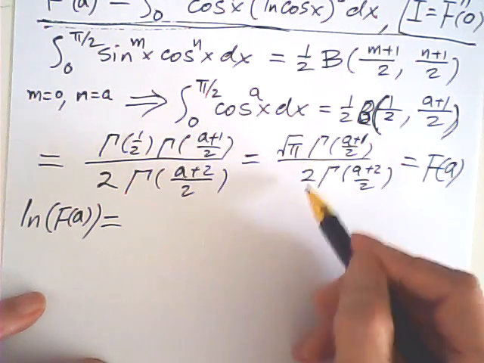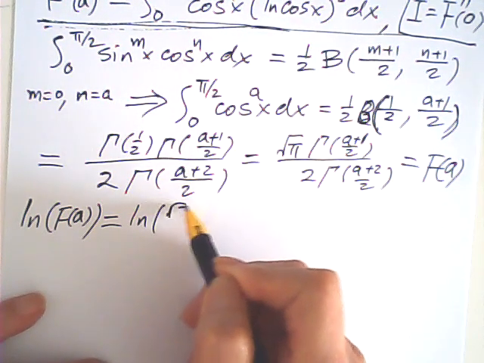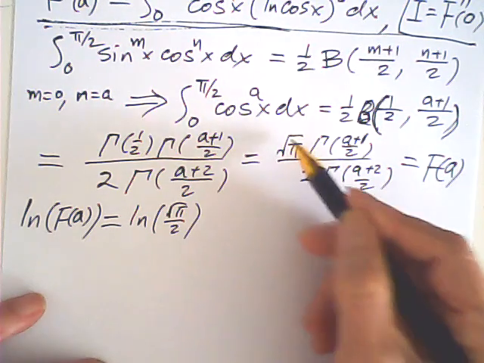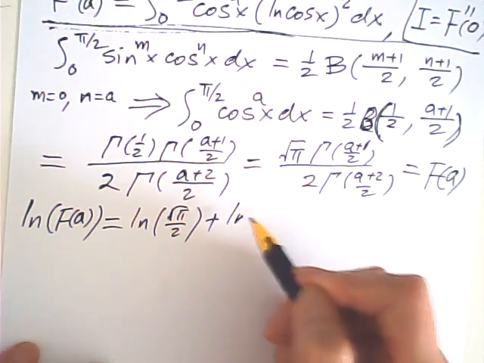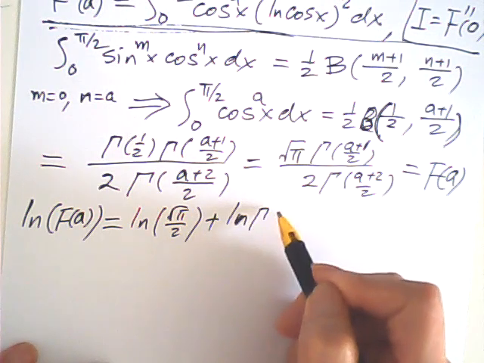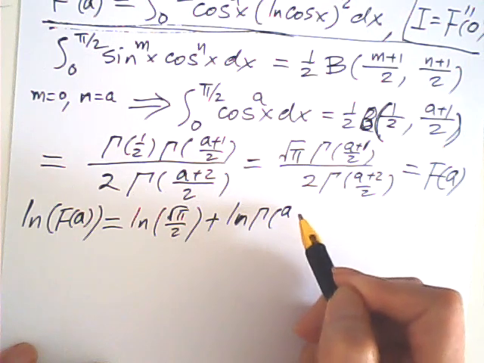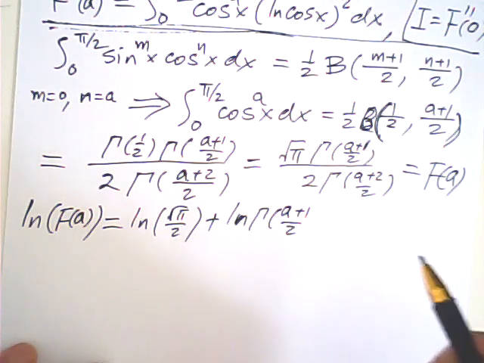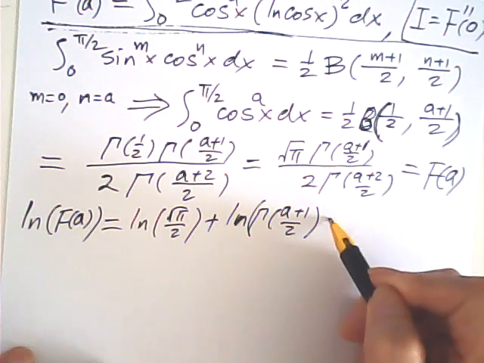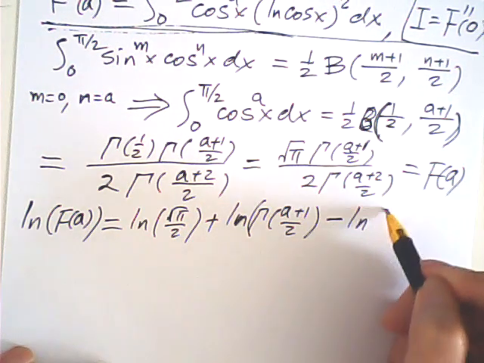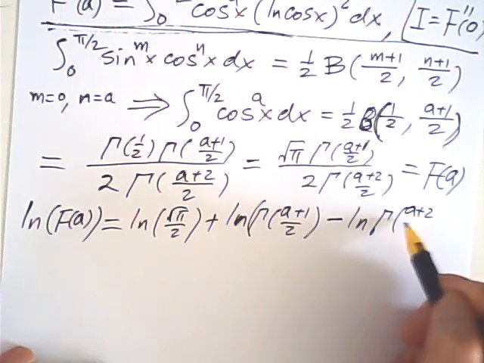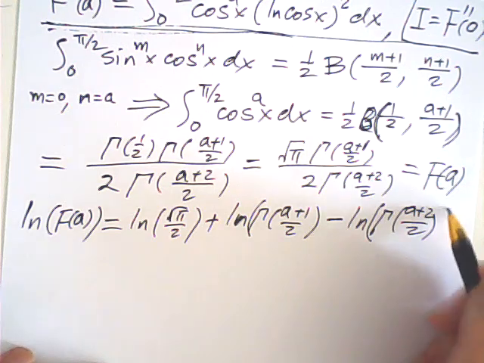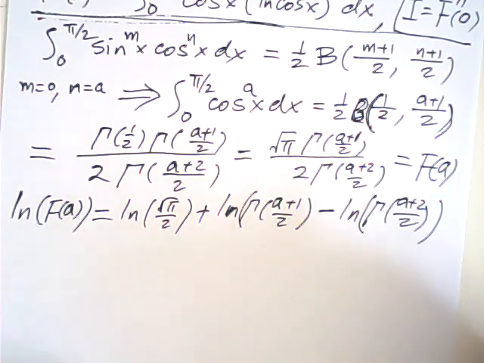Log of this becomes log of root pi over 2, that is this one, plus log gamma of a plus 1 over 2, and minus log gamma of a plus 2 over 2. Yeah, that's better.